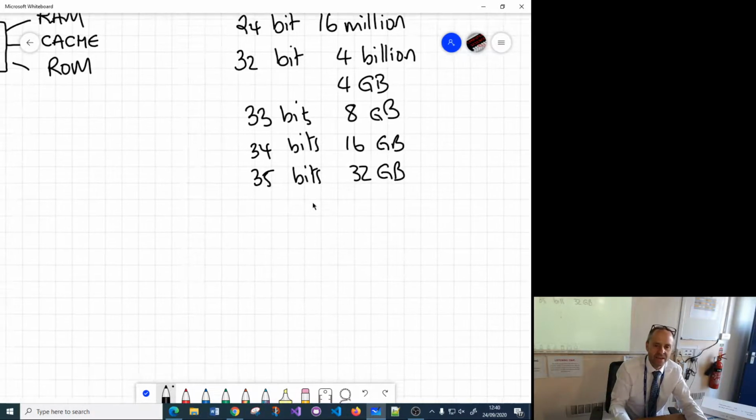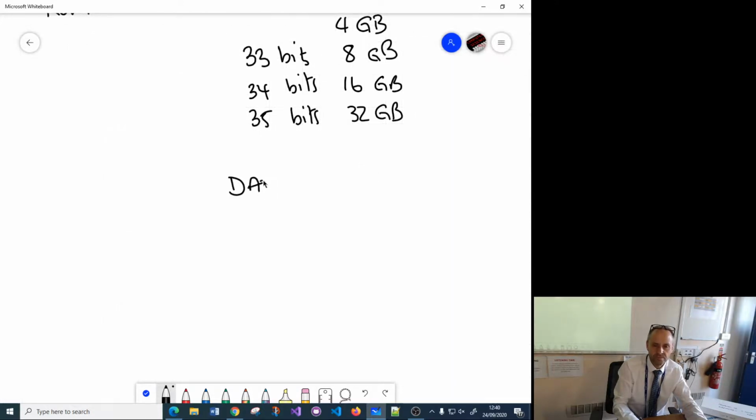With the data bus, the width is also how many bits, but here it's how many bits can transfer at once.